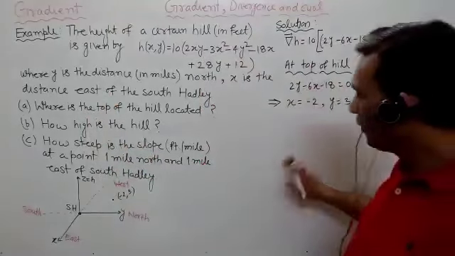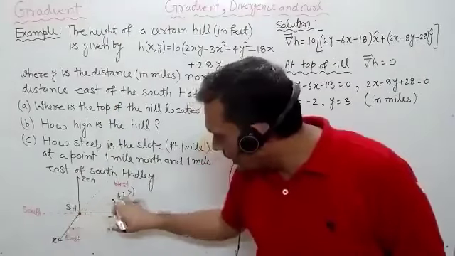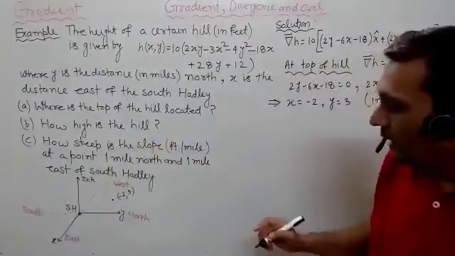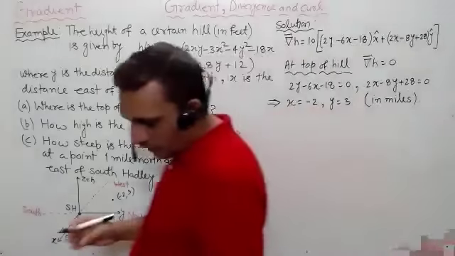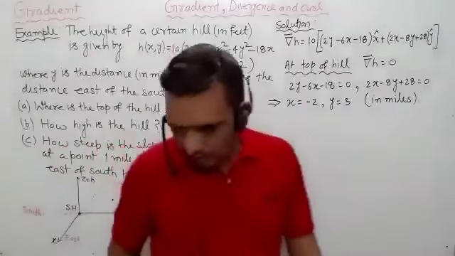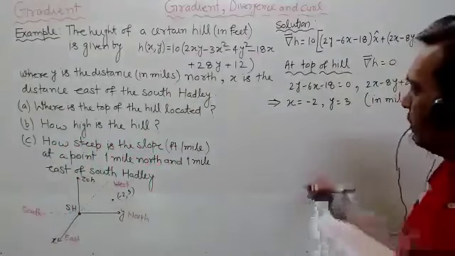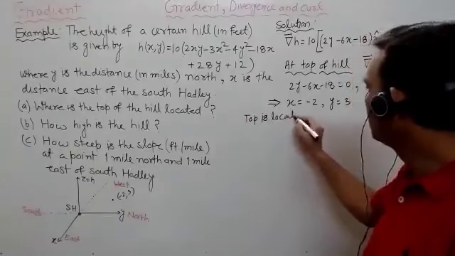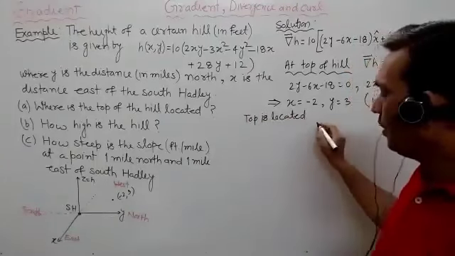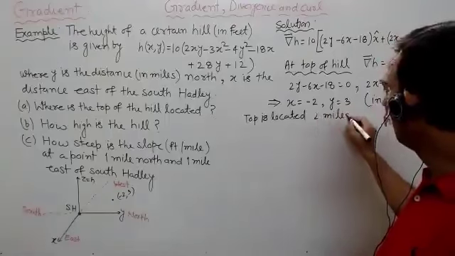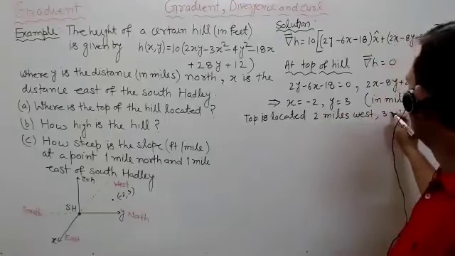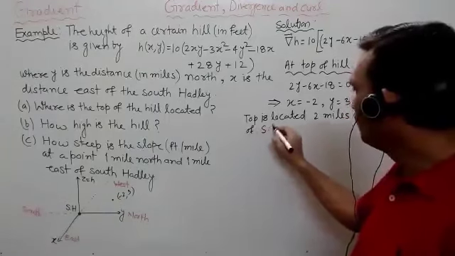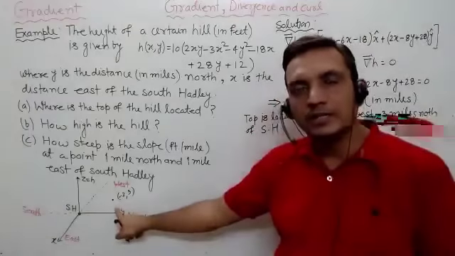Then you have to find the height of the hill. So the top is located 2 miles west and 3 miles north of South Hadley. That is the point where the top of the hill is located.